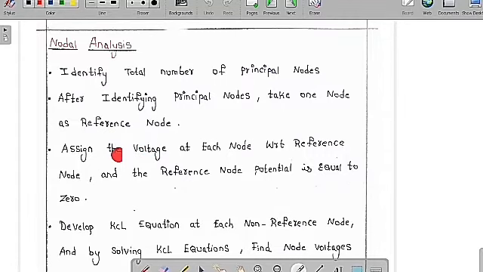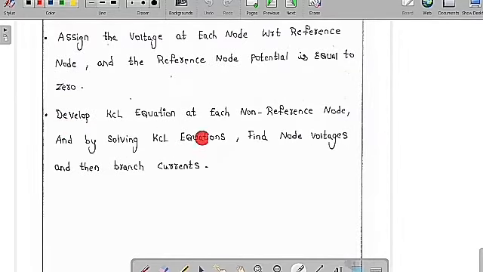Then assign the voltage at each node with respect to the reference node, and the reference node voltage is always equal to 0. So after assuming one principal node as a reference node, the remaining node voltages you need to mark with respect to the reference node, and the reference node voltage is 0. And develop KCL equations at each non-reference node, and by solving KCL equations, find node voltages and then branch currents.